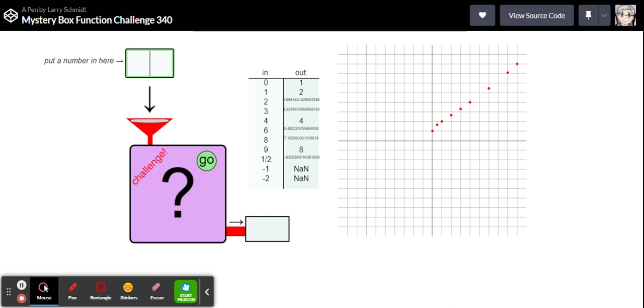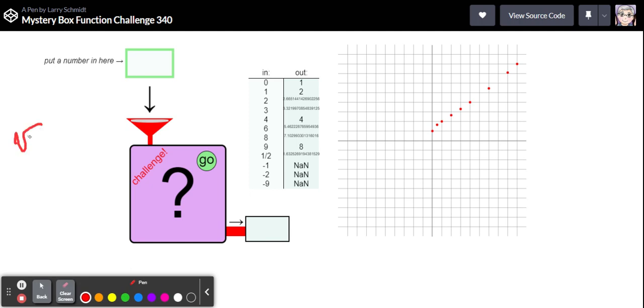So we're getting not a number. Let's just try -9. All right, so it appears not to be defined for any of the negative values. So that is definitely making me think of the square root of x. So that probably has something to do with this.